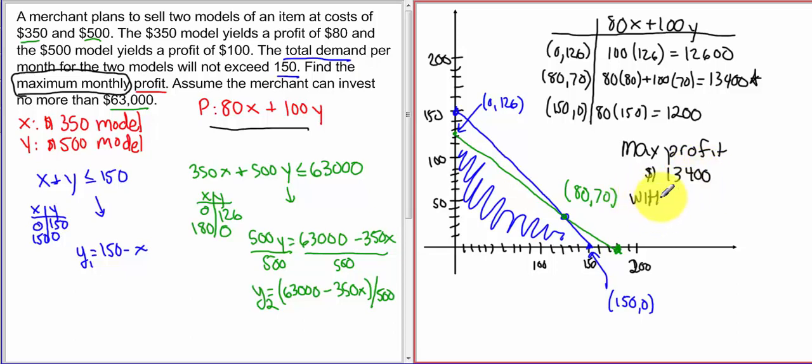Okay, so my max profit is $13,400 with 80 of our $350 model and 70 of the $500 model. And that's how you do that first example.